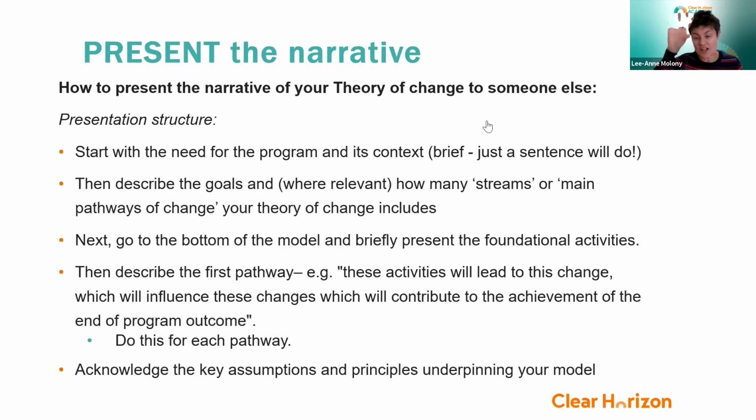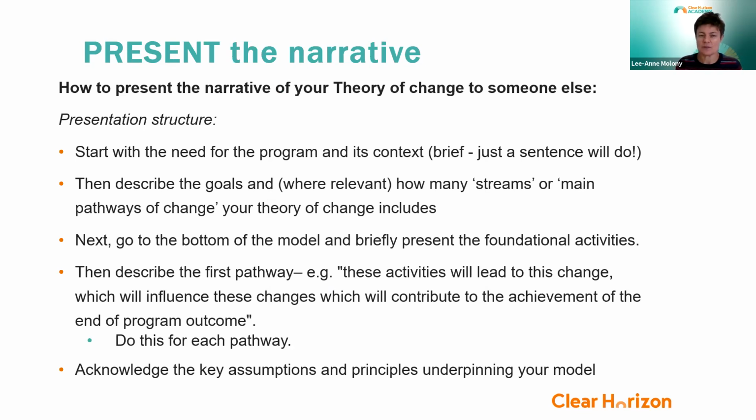Then describe the goals. I start at the top. These are the broader goals. And these are also at that level, our broader goals, and also if your model has a couple of pathways of change or what we call streams of change, big chunks of work that's going to happen to allow your project or program to be successful, then describe those as well.